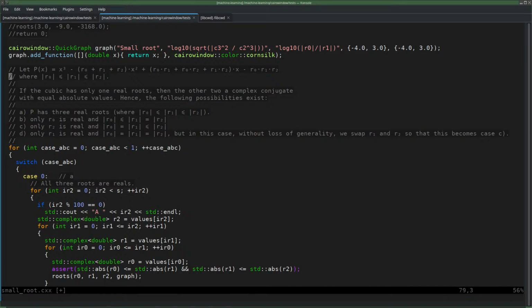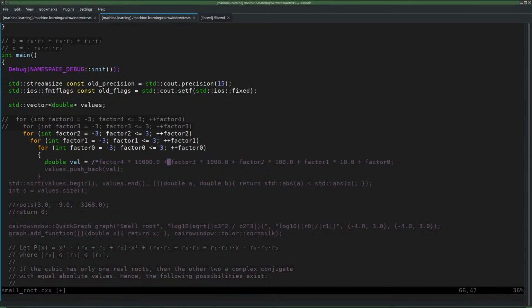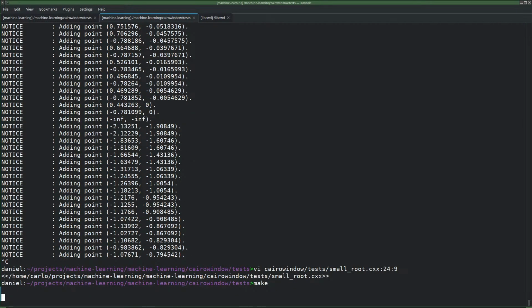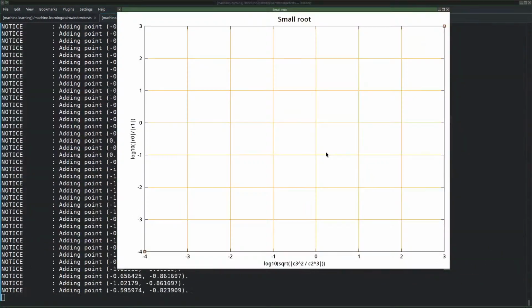Let's make this thing considerably faster. Removing that as well. How can it still be slow?